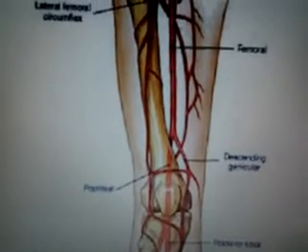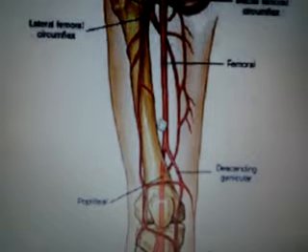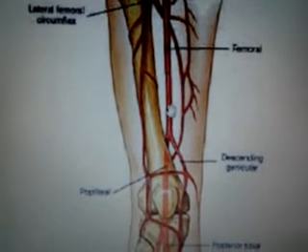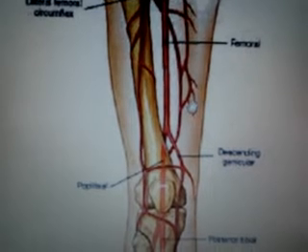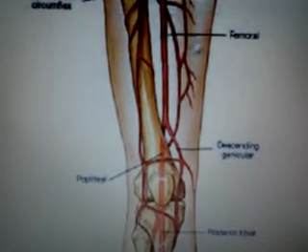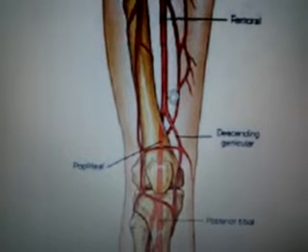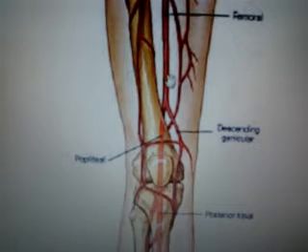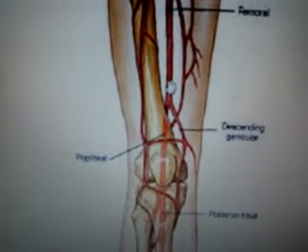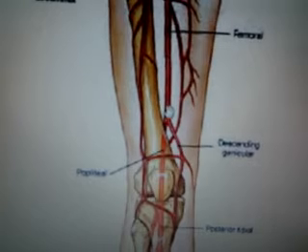So, continuing the descent of the femoral artery, imagine this is where we'll find the adductor magnus muscle. We're not seeing it here, but the adductor magnus has an adductor hiatus, and the femoral artery descends into the hiatus of the adductor magnus muscle.